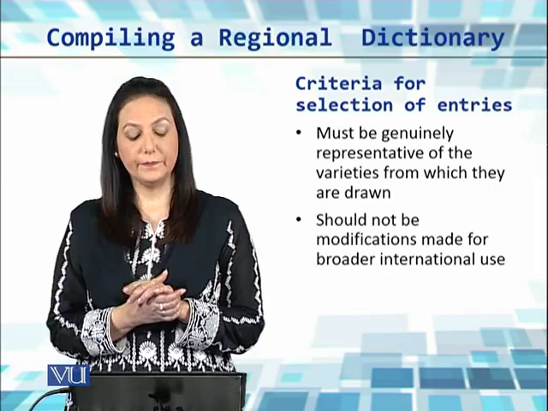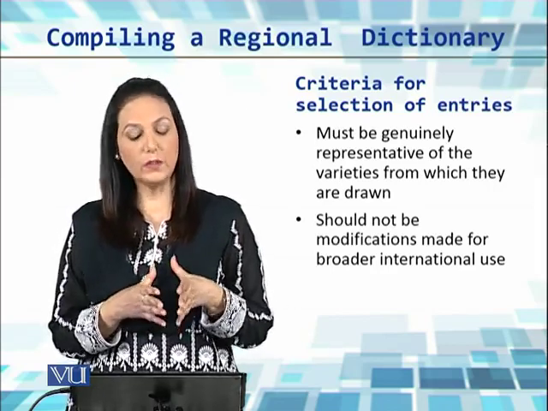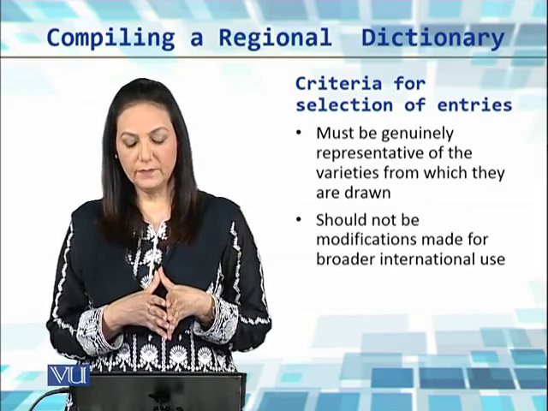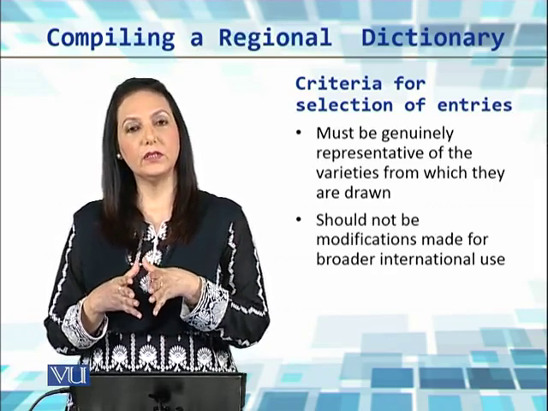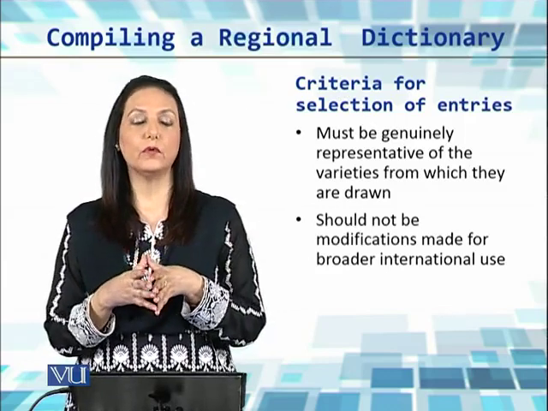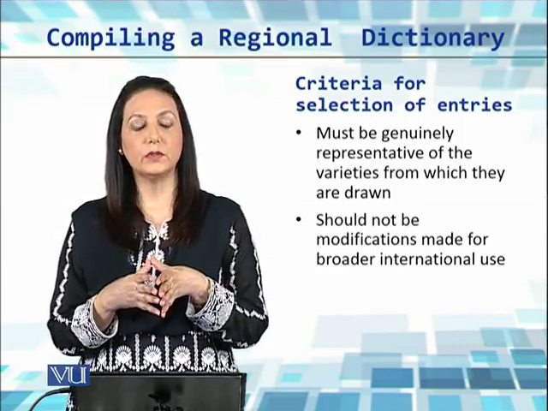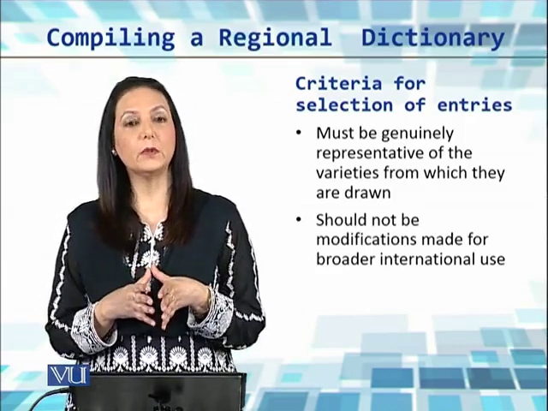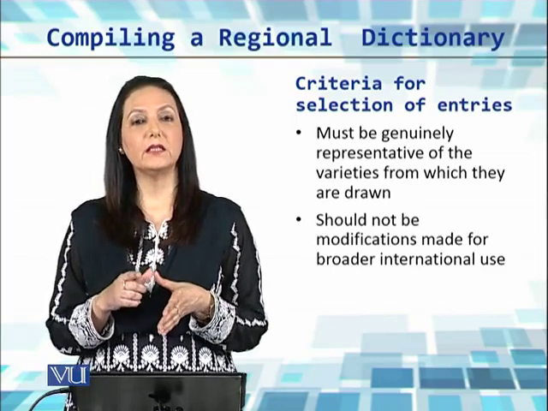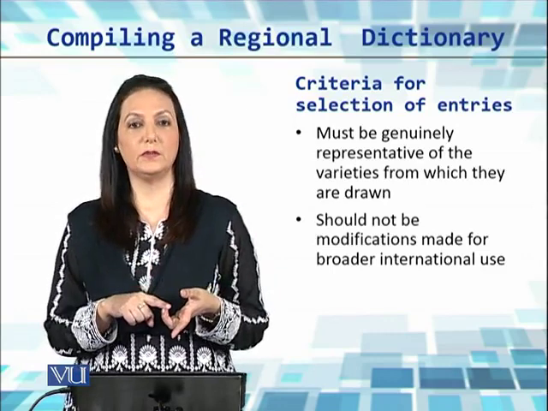Similarly, another criterion is that the entry must genuinely represent the variety from which that entry is drawn. For example, if an entry is drawn from the work of an author, the entry should genuinely represent the variety to which the author belongs, or the variety which the author speaks.